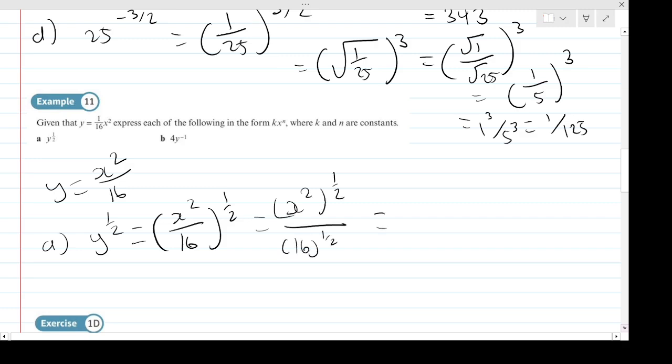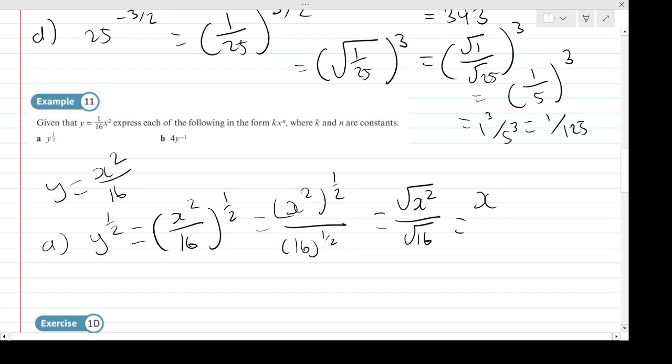And obviously a half is saying the square root, right? So root x squared over root 16. Well, root of a square is literally just itself. The square and the square root cancel. You can see that here, because then we multiply the powers because we have a bracket. So 2 times a half is just 1.